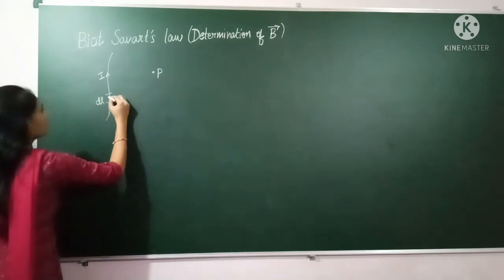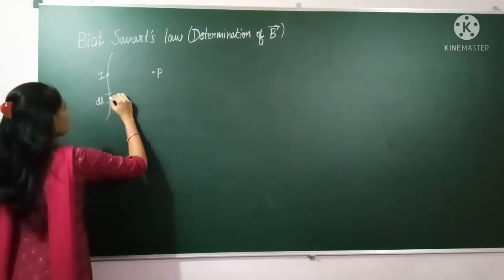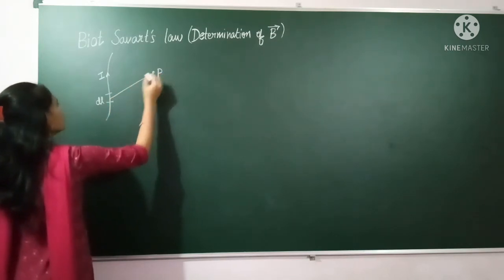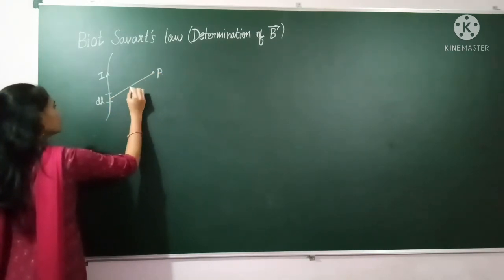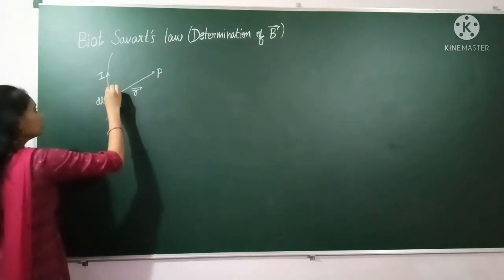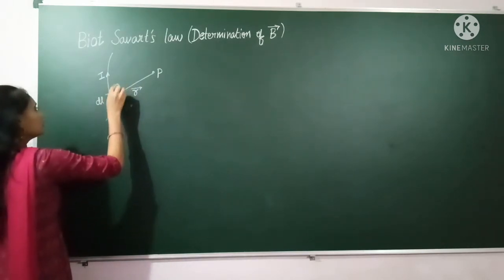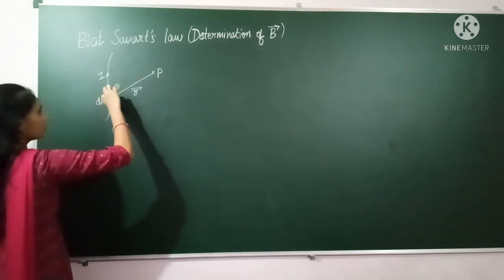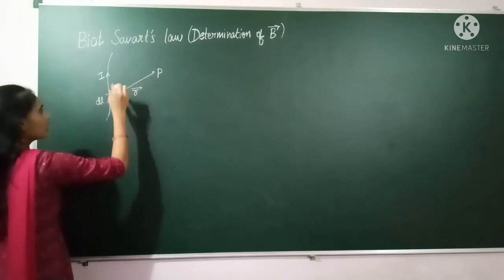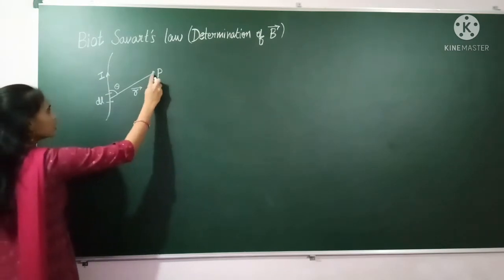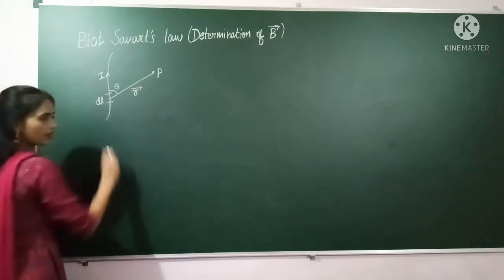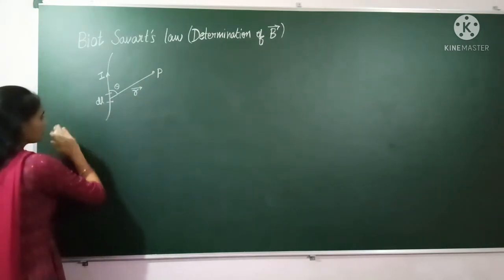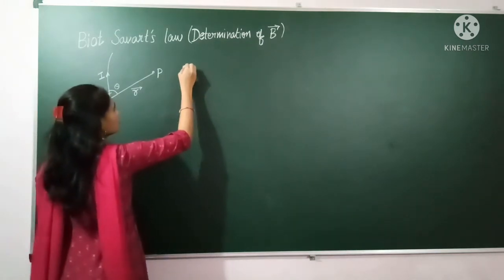After that we will join these two points, and this distance we take as vector r. Next, this is the angle theta, the angle between the current element and the vector r, and P is at a distance r from the current element. Now I will write the Biot-Savart law.